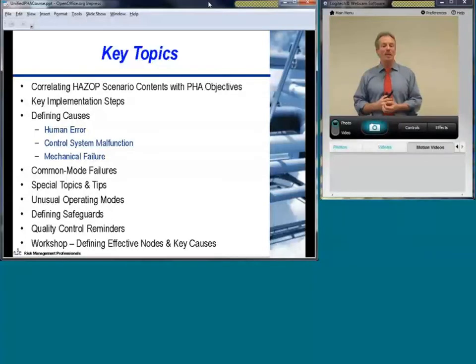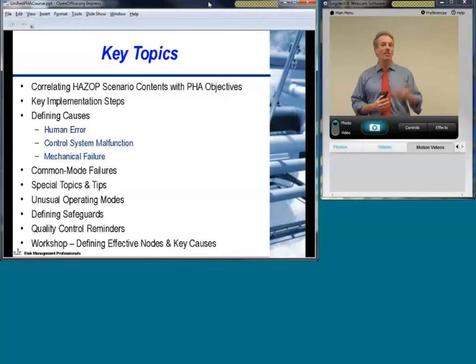Unusual operating modes. If you have abnormal operations or different modes of operation, if you don't handle them right, it can really eat up a lot of the team's time. So being able to focus the team, handle the different operating modes properly, that's really key to the success. And not only can you save a lot of time, but you can really improve quality.